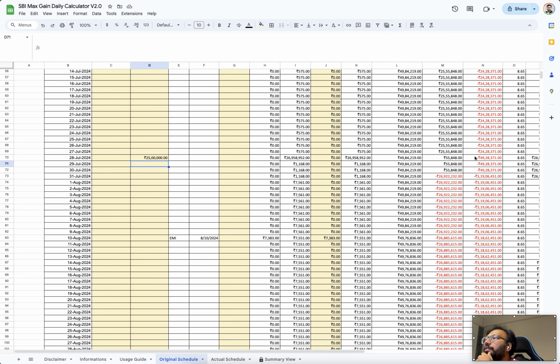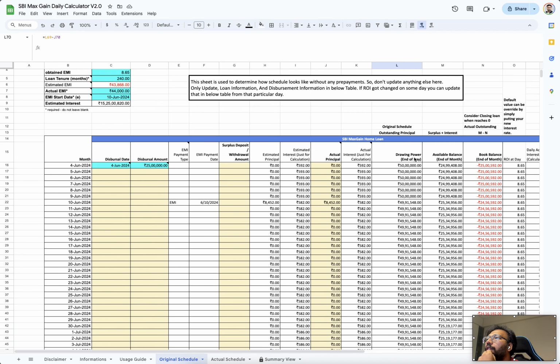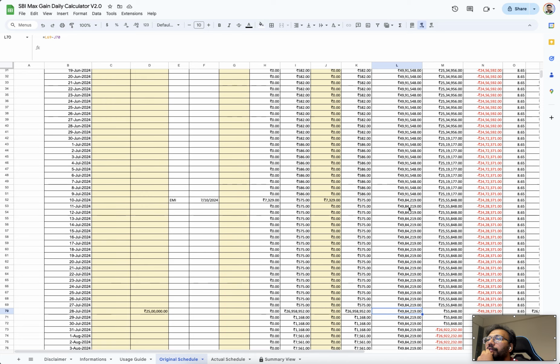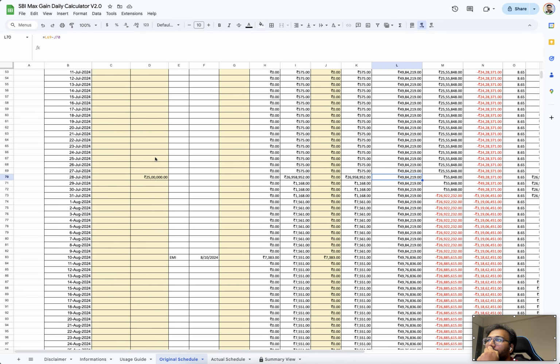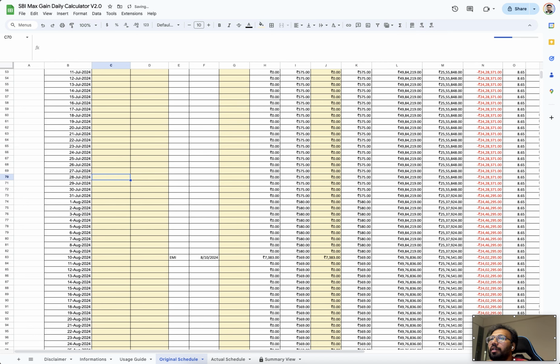So now 49 lakh 84,000 is your total outstanding amount remaining, because some of the EMI payment has been done, so that goes against your principal as well. So this is how you can bifurcate your disbursement. It will adjust the calculation automatically. So this is one of the examples.